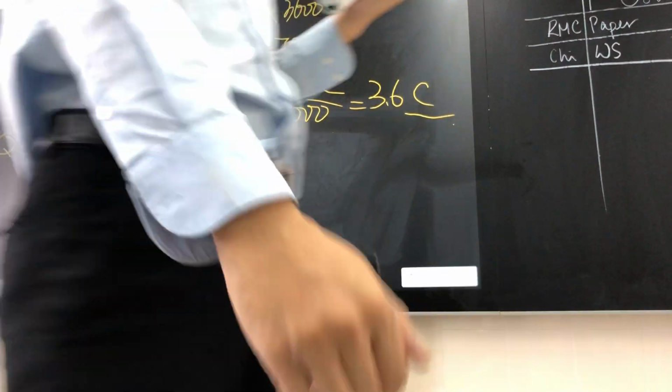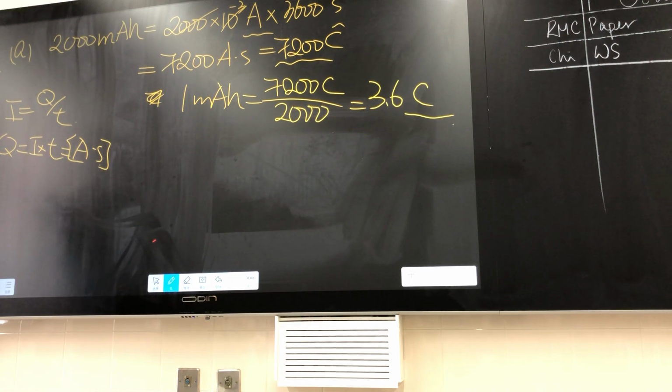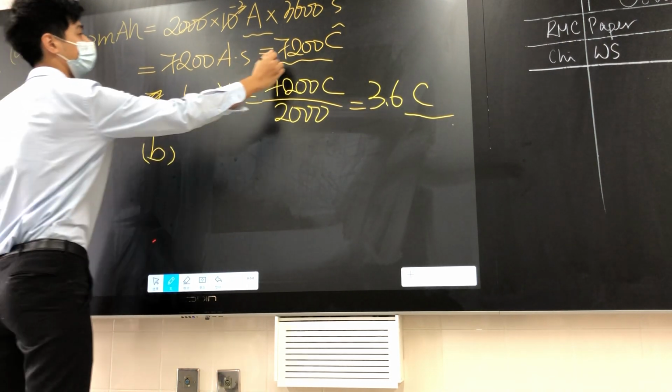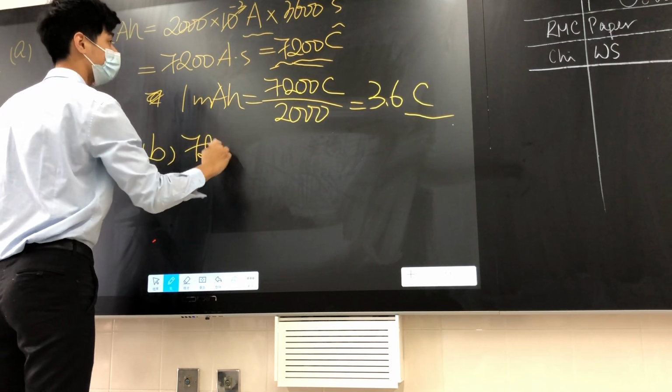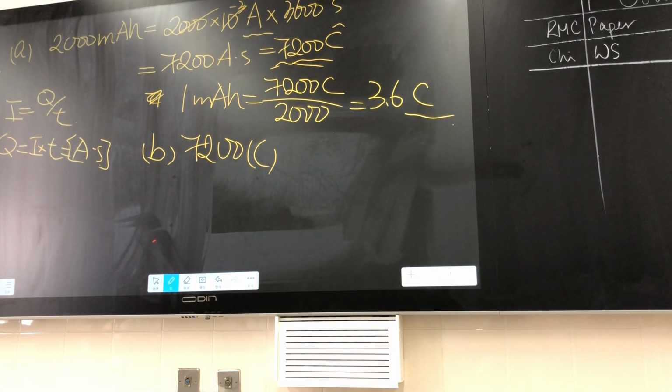So part B, what is the total amount of charge that the battery delivers in 1 hour? Which is 7,200 coulombs. So that's all.